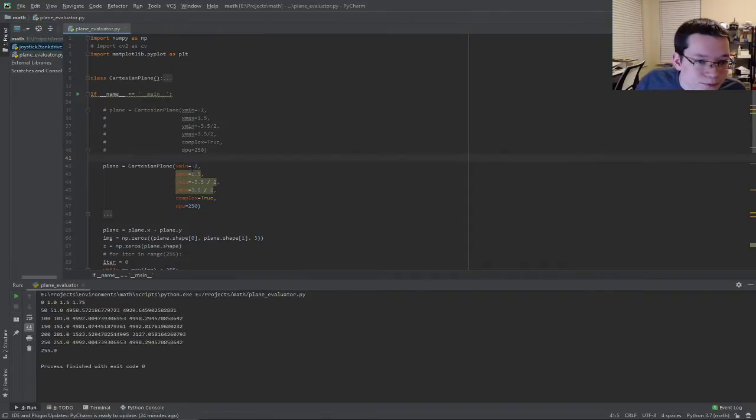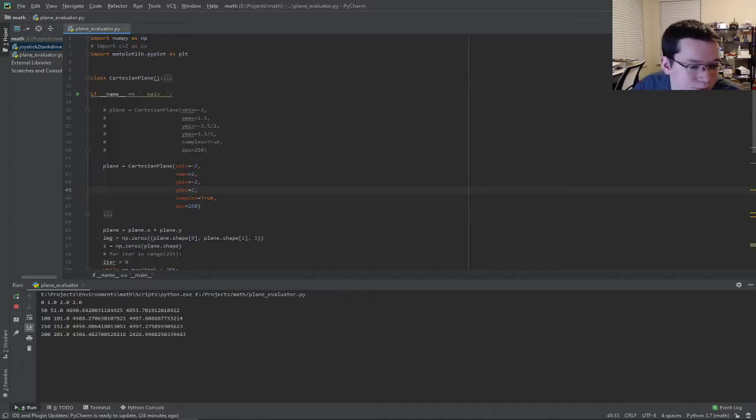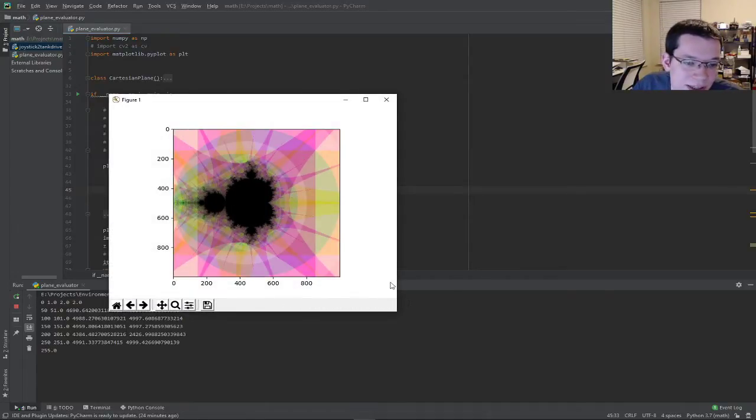I'm intrigued. -2 to 2. -2 to 2 equals 2. What does it mean? What does this imply? What are the secrets of this Mandelbrot? I don't know that we're discovering anything new. It's just kind of cool.